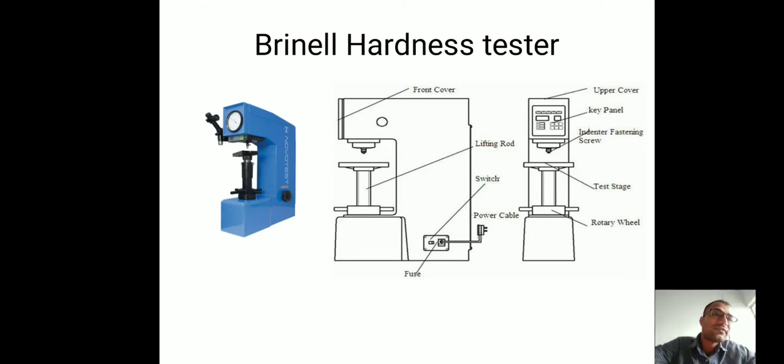And what happens? The indenter applies pressure on the job, and according to the hardness, the indenter moves inside your test specimen, and on the key panel it shows the reading of the hardness value.